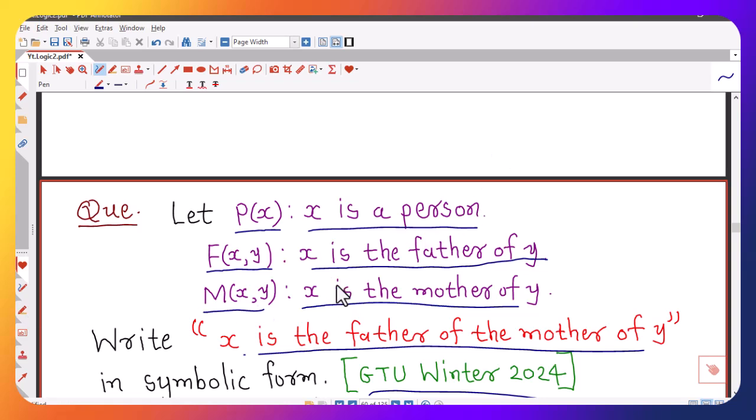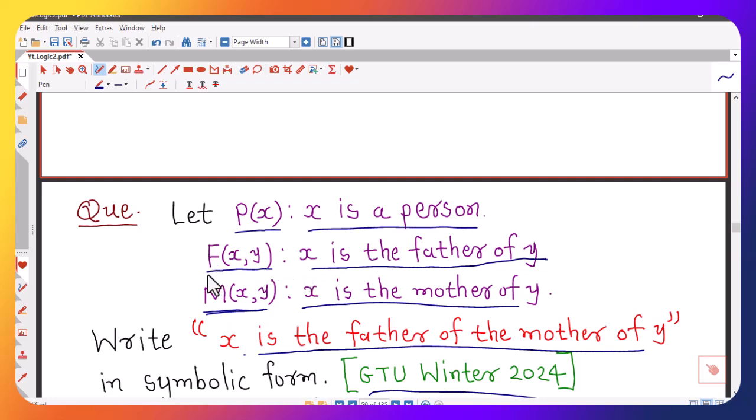So if some person is the mother of another person, then we will use this statement function. For example, if I want to say that S is the mother of T, then I will write M(S,T). So this x and y are variables and they can take any given individual or person.